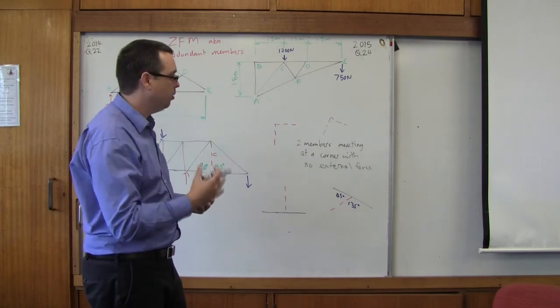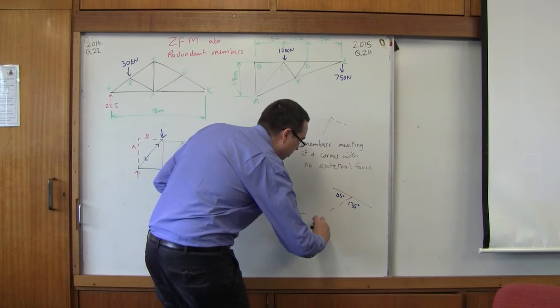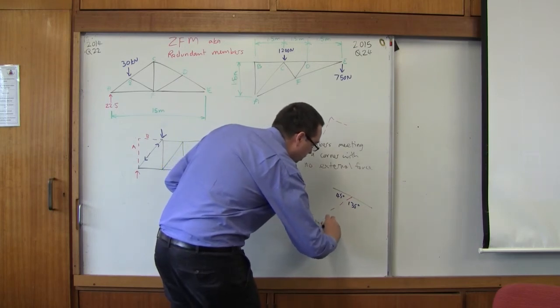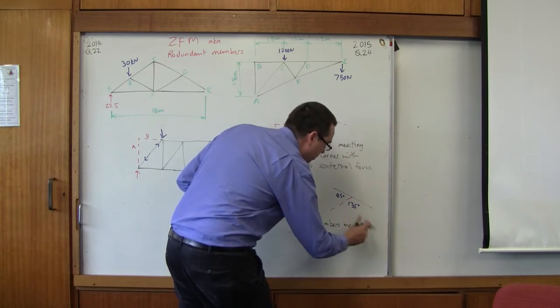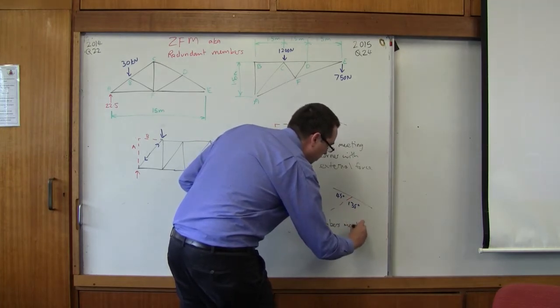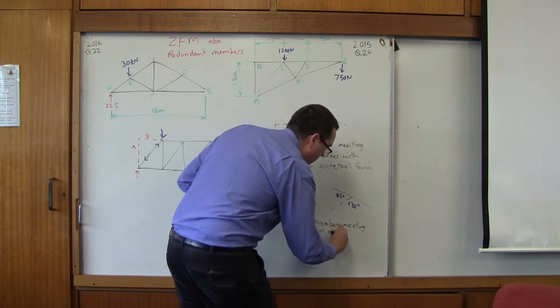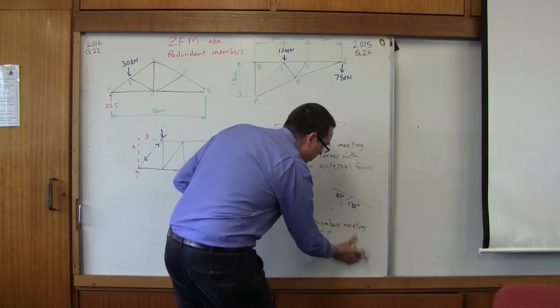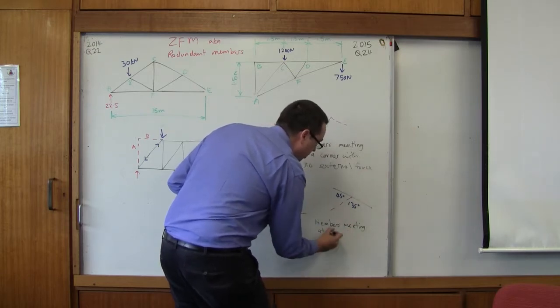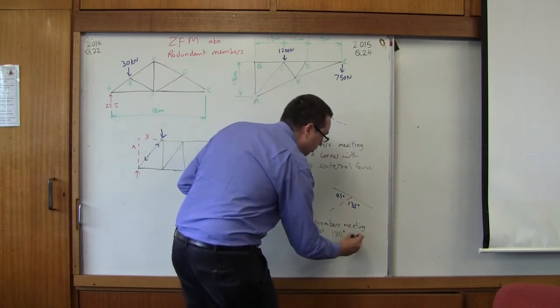If we have a supplementary angle, it has to equal, so members meeting at a supplementary angle. I'm just going to write 180 degrees because I'm not confident in my spelling. 180 degrees with no external forces.